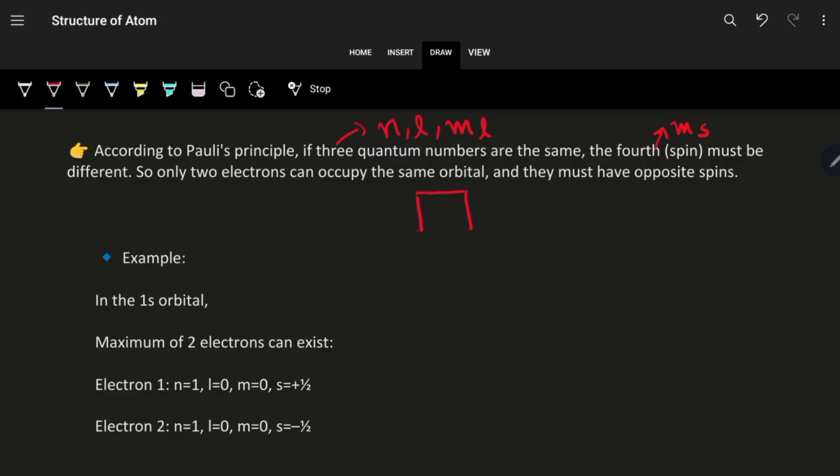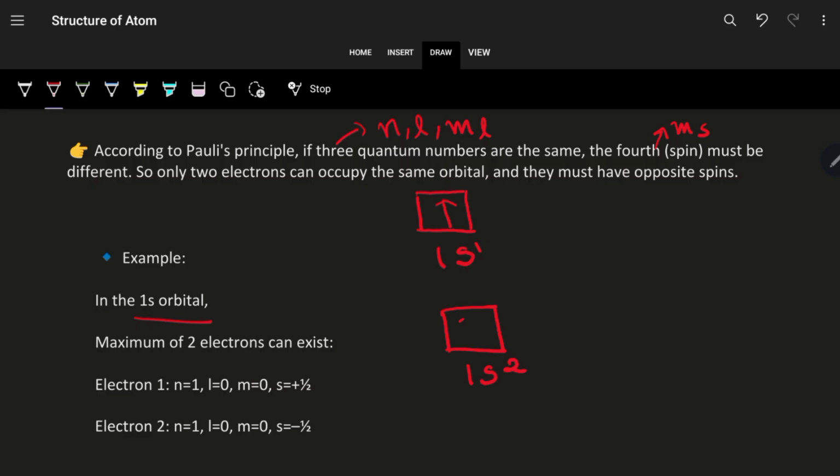So if I say this is one orbital, say 1s, then if it is a 1s1 configuration, obviously only 1 electron will occupy the 1s orbital. But if it is 1s2, what will happen?